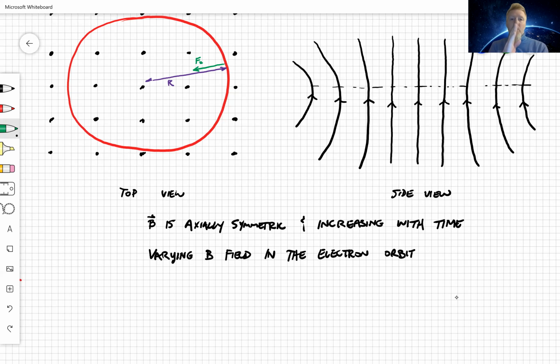If I go with that positive velocity, that's like a negative charge velocity going the other way. So a negative charge going clockwise is the same as a positive charge going counterclockwise.